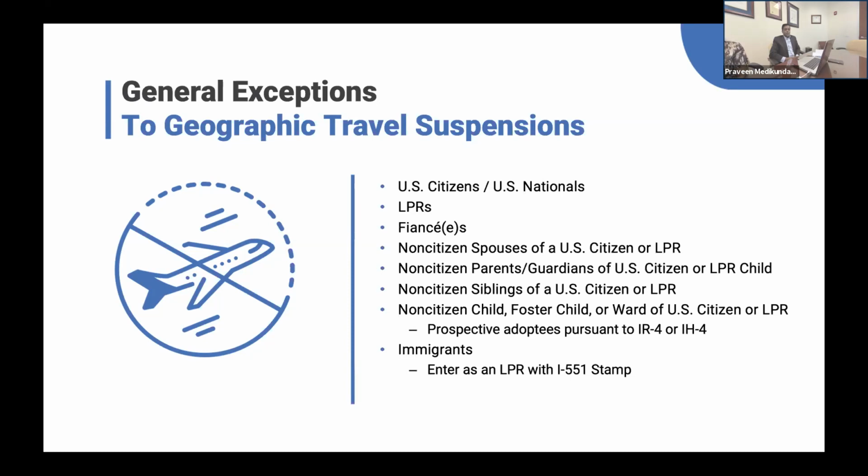If they are on a non-immigrant visa and they have children born in the US who are US citizens and less than 21 years of age, those children are allowed to travel. So all they have to carry is their birth certificate, and even an H1B visa holder would be able to travel under this exception. And that is similar for L1 or any other non-immigrant categories.